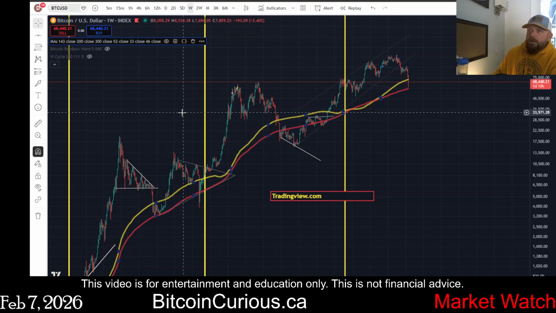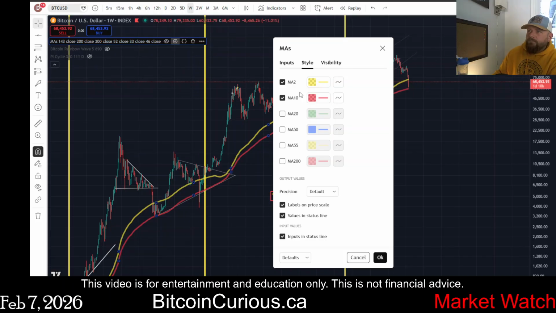From there, you're going to get a little spot over here. Go across this little icon, hit it. You want to make it yellow, red, green, blue. Don't worry about these ones yet. You only want these two checked, because these are going to be our yellow 1,000-day moving average and our red 200-week moving average.